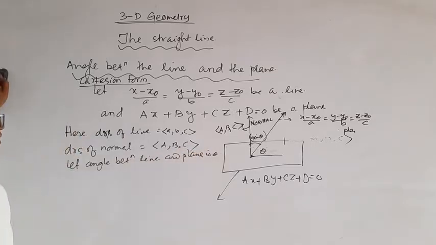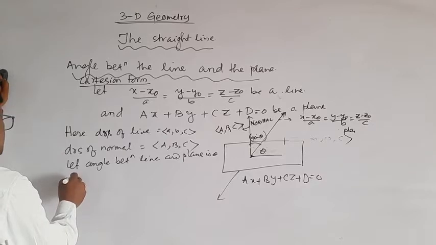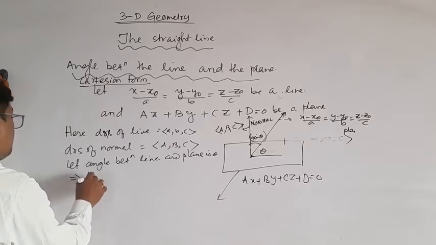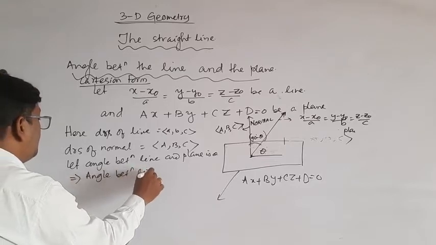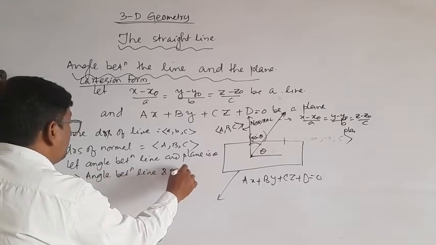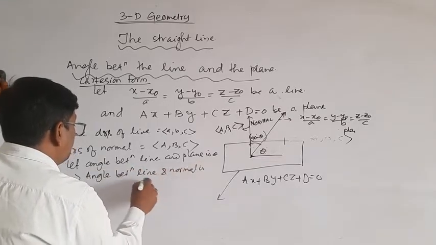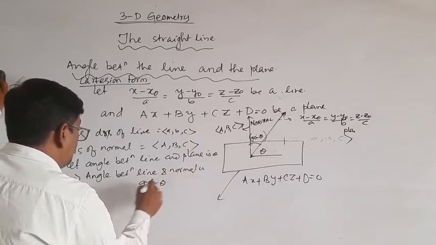Now the angle between line and normal is, that implies the angle between line and normal is 90 degree minus theta.